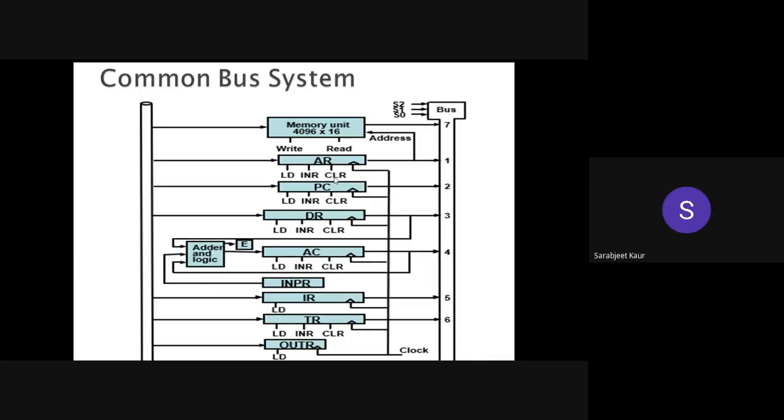The next is clear. So the clear input simply clears a particular register to which it is attached. Please note here that there are two registers, one is the instruction register and the other is the output register, which only have the load input.